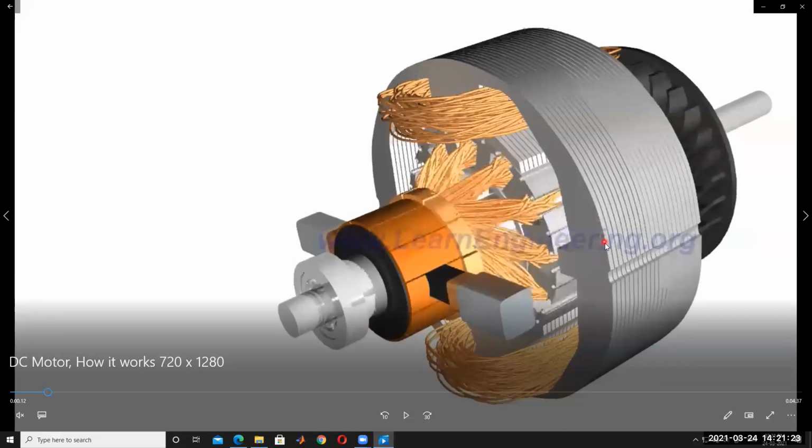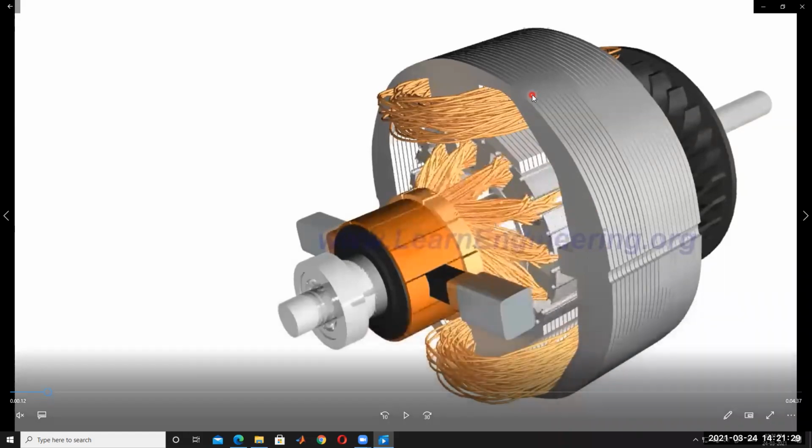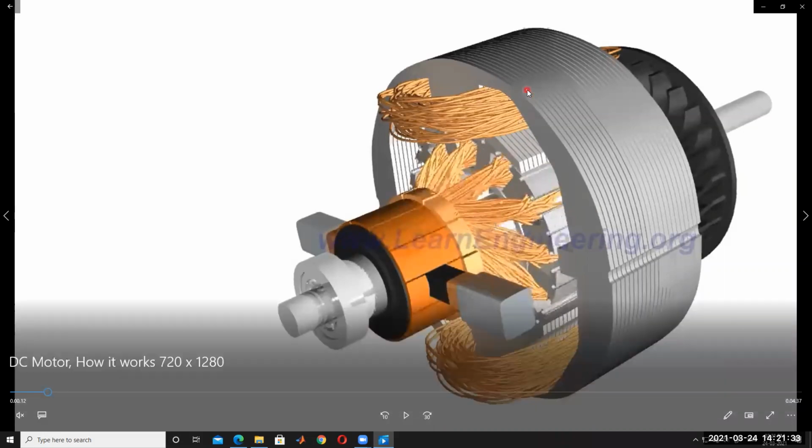In every machine, whether a transformer or an induction machine, the core is made of different strips, and each sheet is insulated from the others; that is called laminated. Insulation is used between them to reduce eddy current losses.